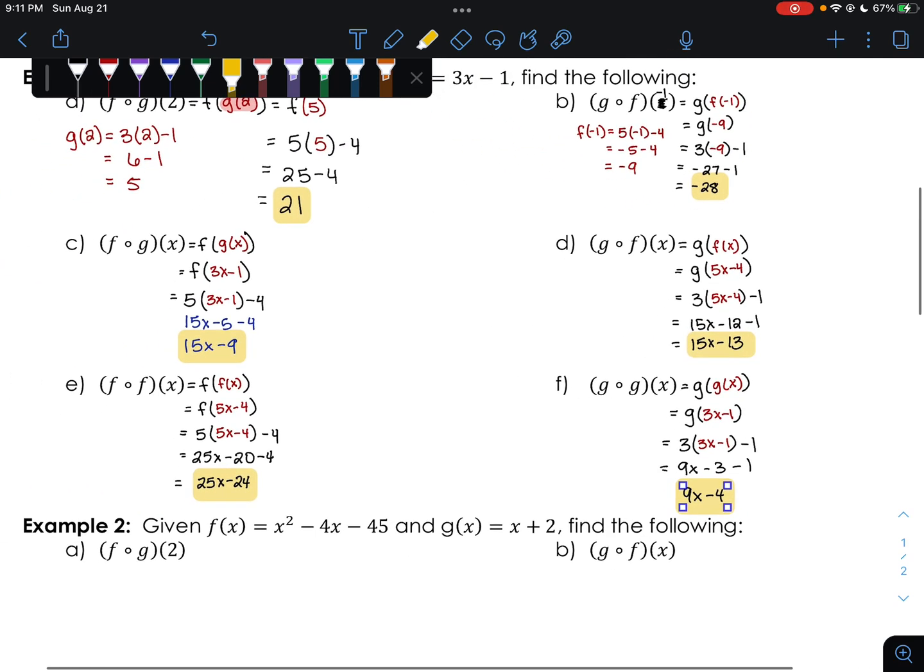Now, what I do want to point out again is that if you look at f and g, the order in which we compose functions does matter because you do not always get the same result. Okay, there is a special case and we'll be talking about that later. But as of right now, when you compose f of g of x, it is not the same as g of f of x.